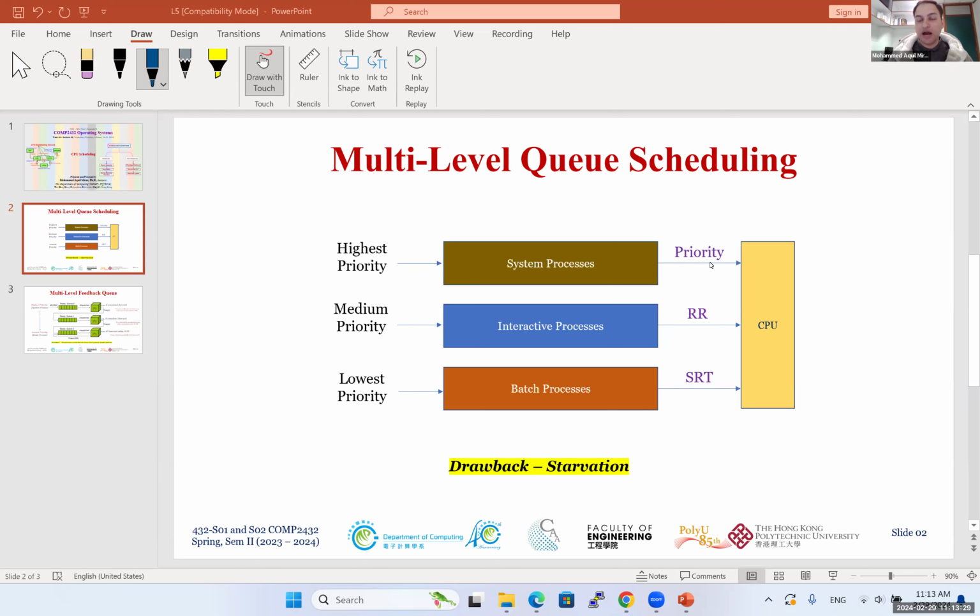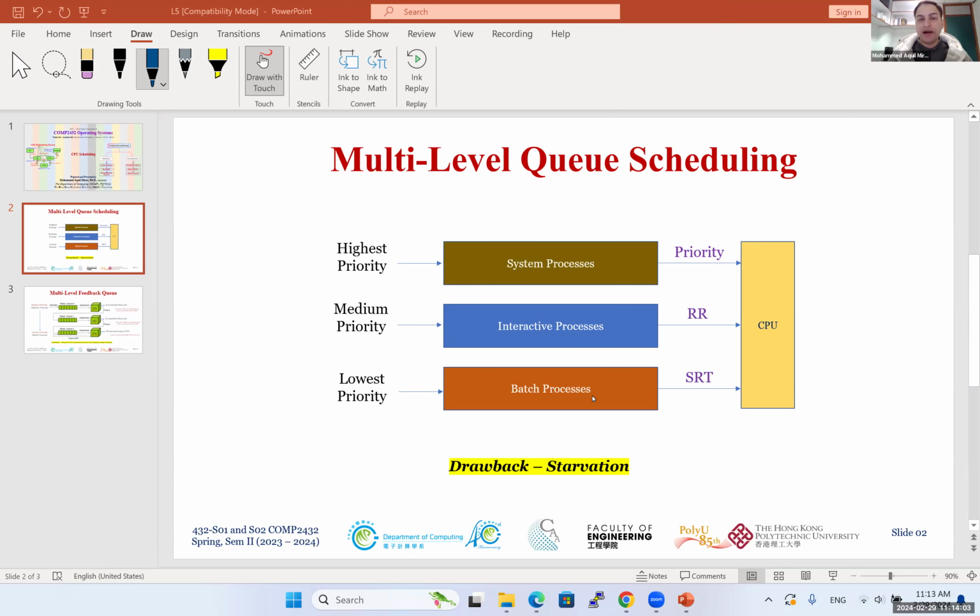It depends upon the hardware and the operating system that you are using. And you can also choose. So there is nothing fixed that you have to use only the priority scheduling algorithm for system processes. You can also use the round robin here or shortest job first. It's all up to you. However, you need to notice one thing, that the system processes are always of the highest priority. That means any of the processes that is coming here, they will get the CPU execution first rather than the interactive processes or the batch processes.